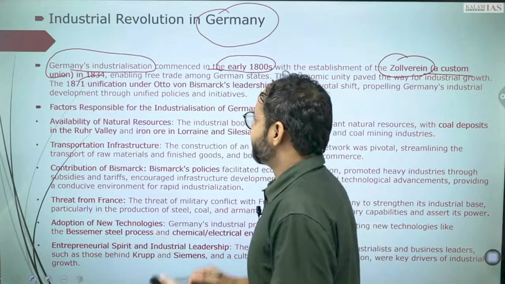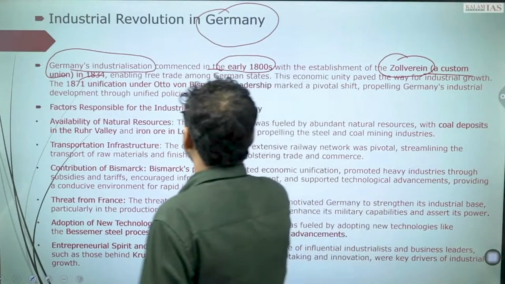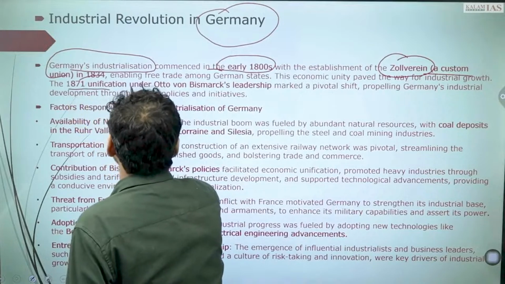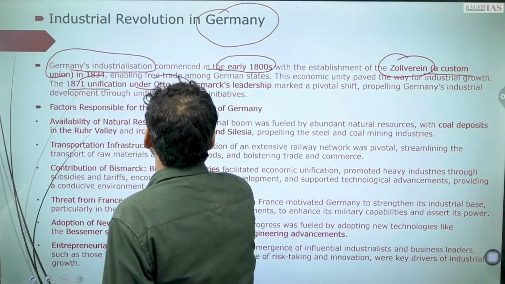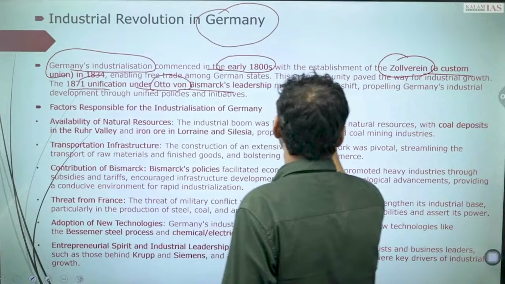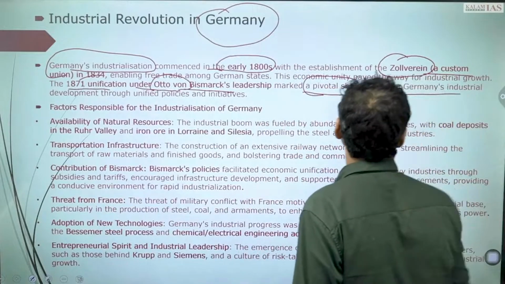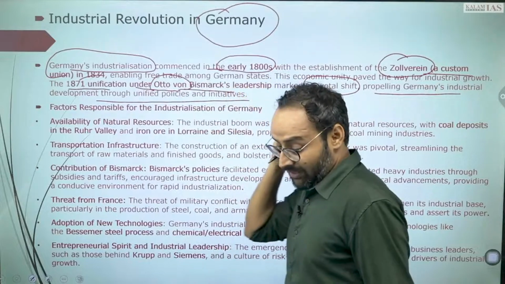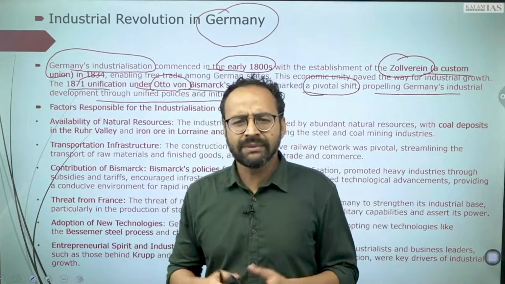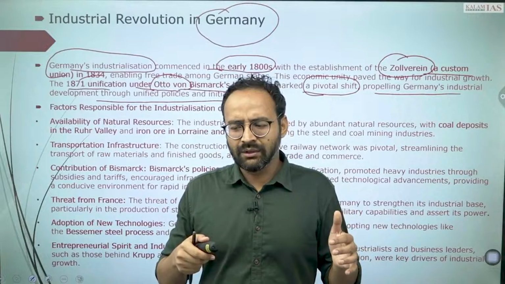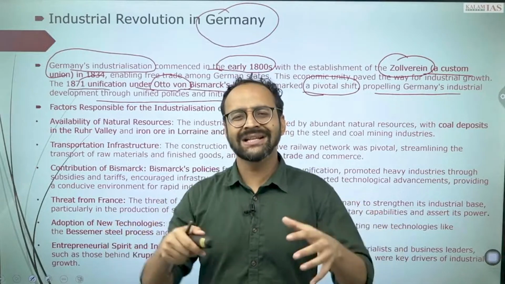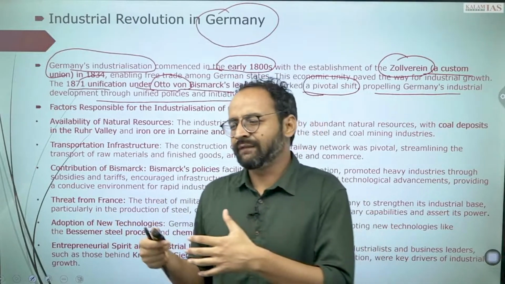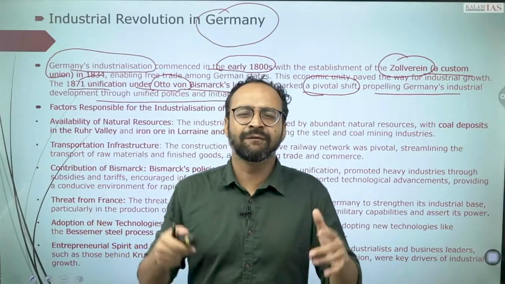Let's see. In 1871, the unification of Germany under Bismarck marked the pivotal shift propelling Germany's industrial development through unified policies. Just to give you the heads up, Germany was a conglomerate of Prussia and other small principalities before the unification.